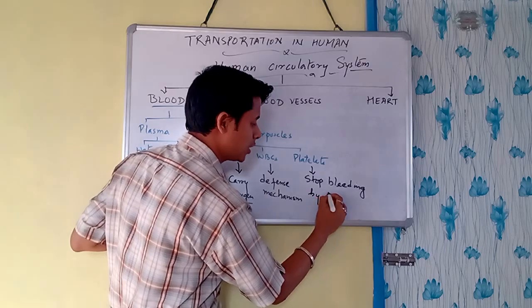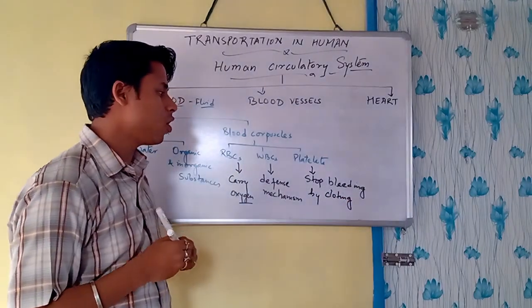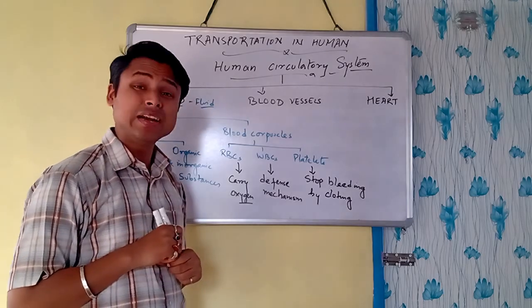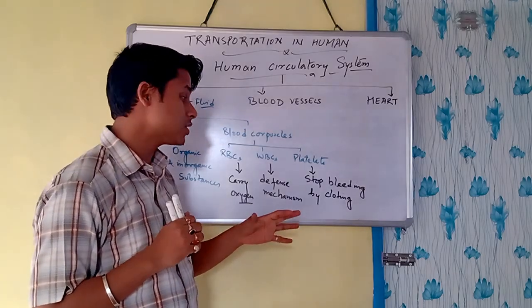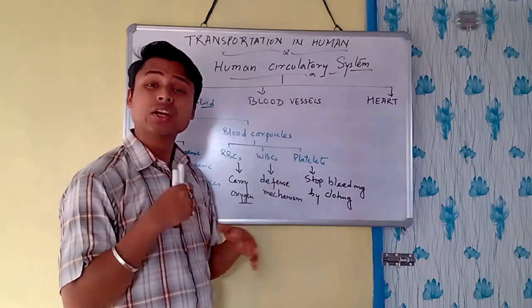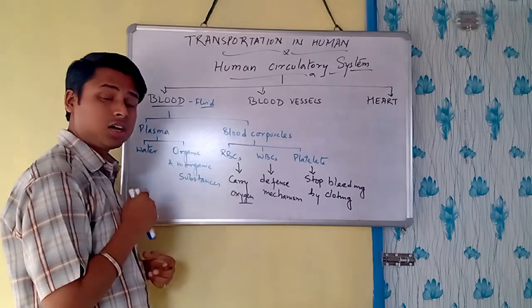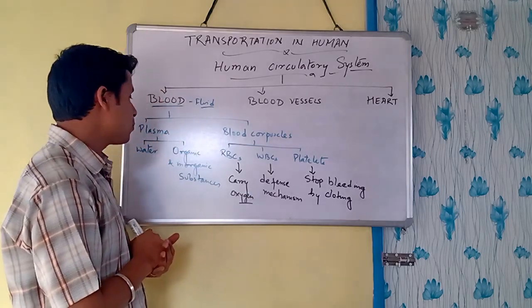We call it blood clotting. So the blood clotting process happens because of the platelets, and it stops bleeding. So these are the functions of blood.